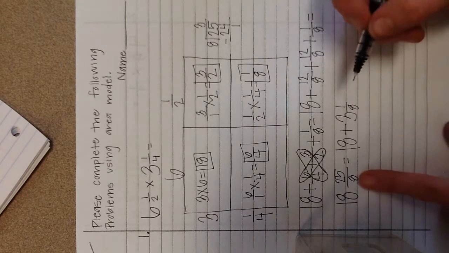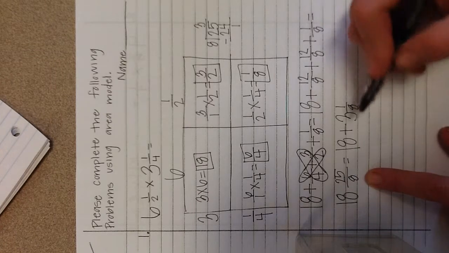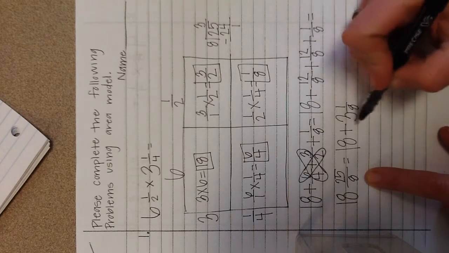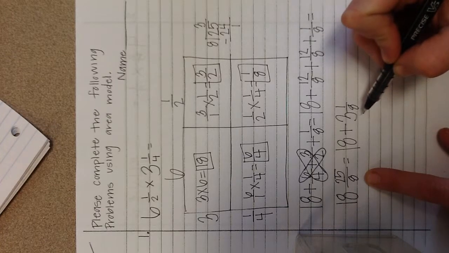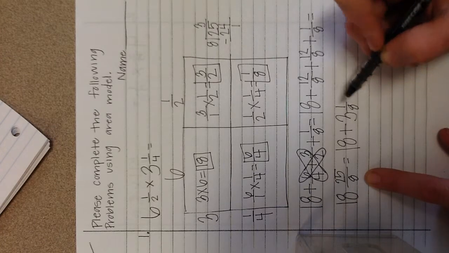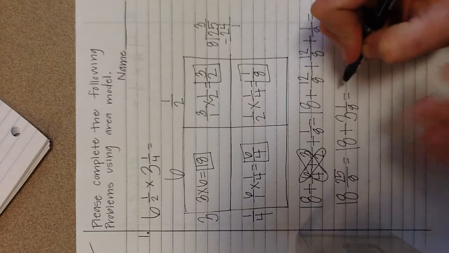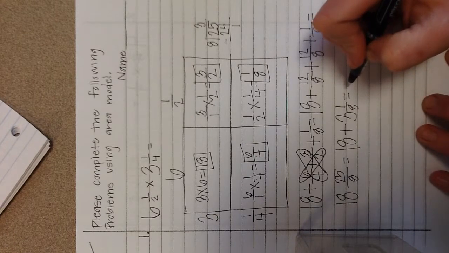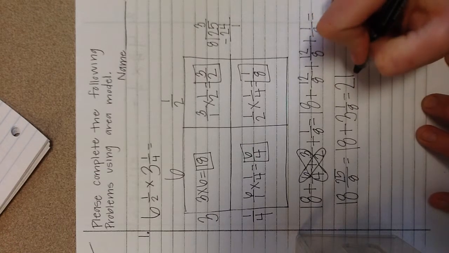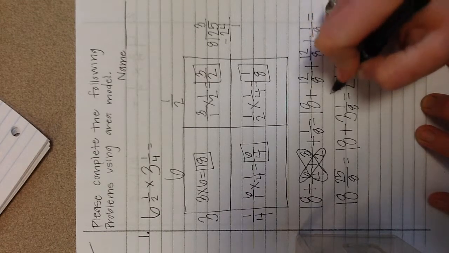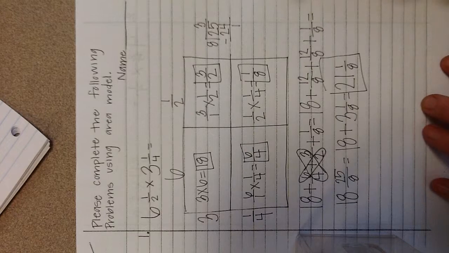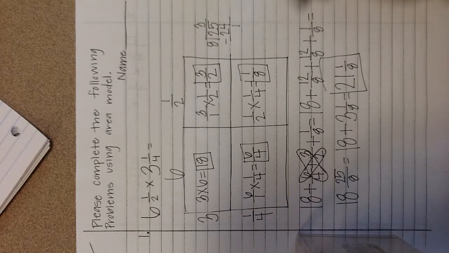So what I did is I turned 25 over 8 into a mixed number, and I got 3 and 1/8. And I can check it by saying 8 times 3 equals 24, plus 1 equals 25. So now that I have that, 18 plus 3 equals 21, and I don't have any other fraction to add. So 21 and 1/8 is my answer for problem number 1.